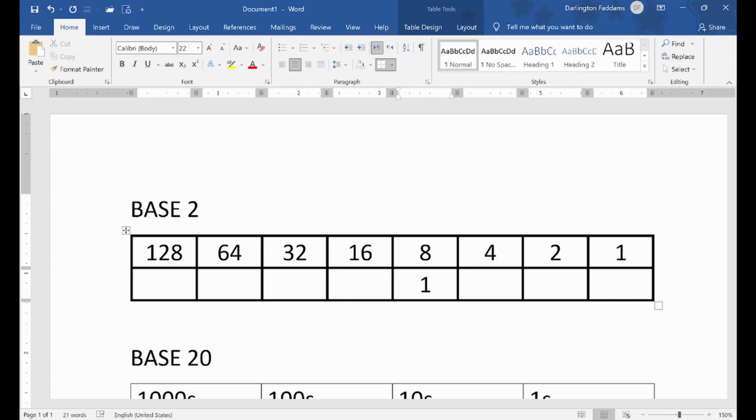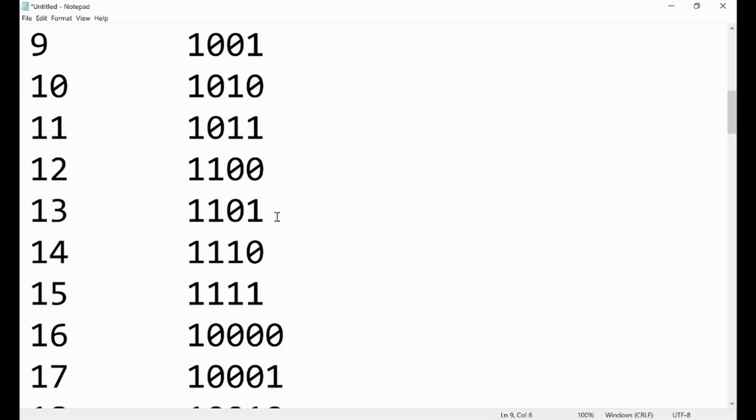One under 4. 1. So your answer is 1101. That's number 13. Let's go and verify from here. 13. What did we get? Is it correct? Okay, good.